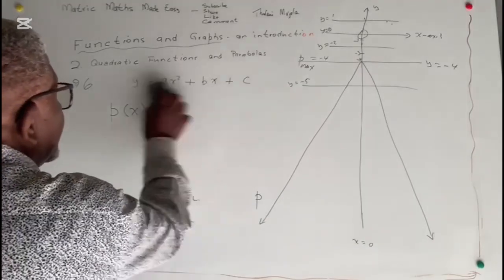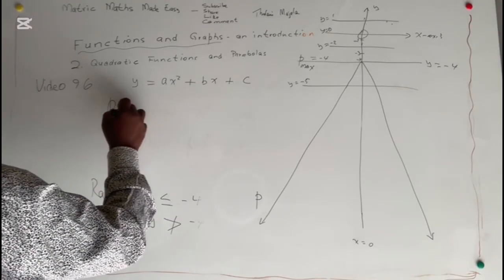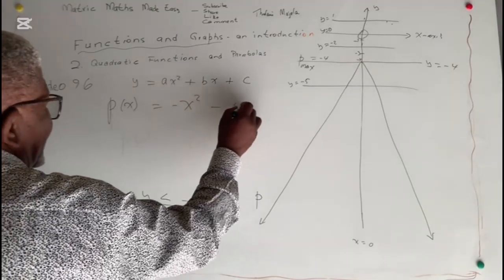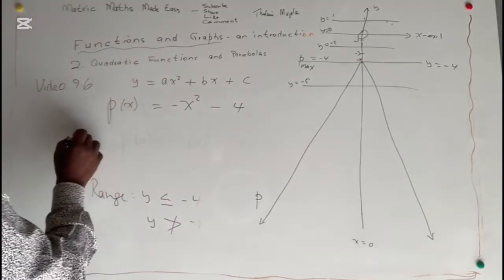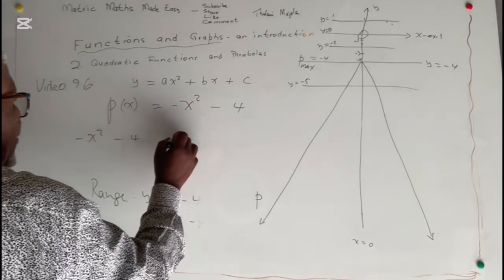So, what is the equation? The equation is p of x equals negative x squared minus 4. We must equate it to 0: negative x squared minus 4 equals 0.